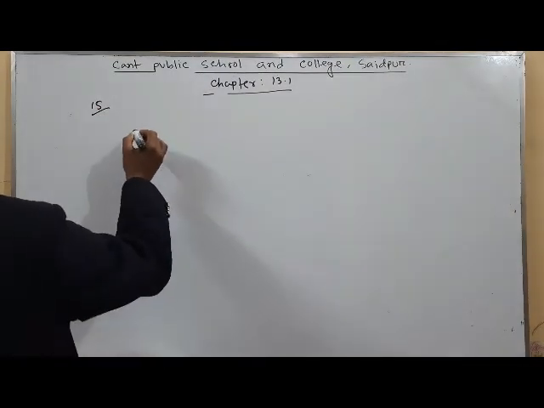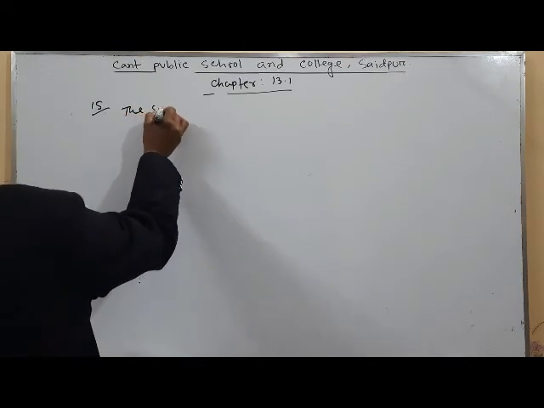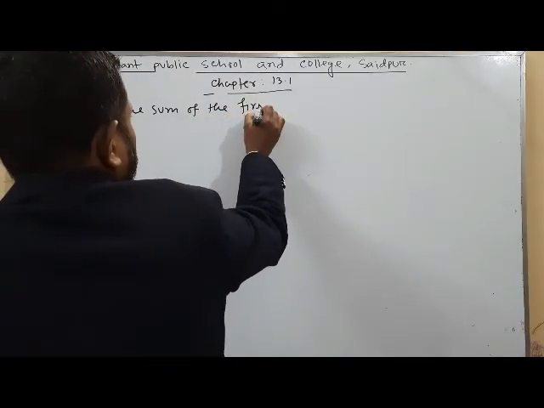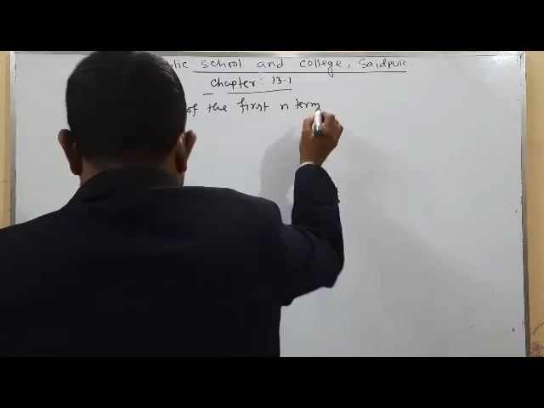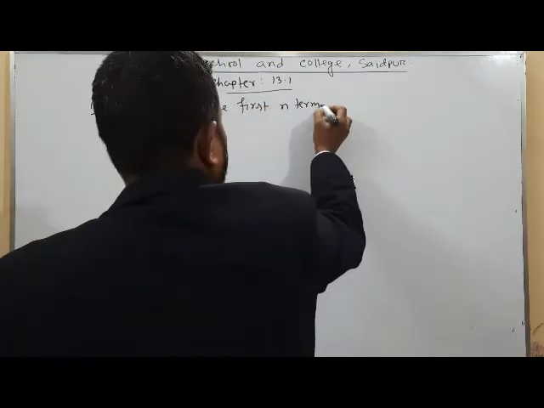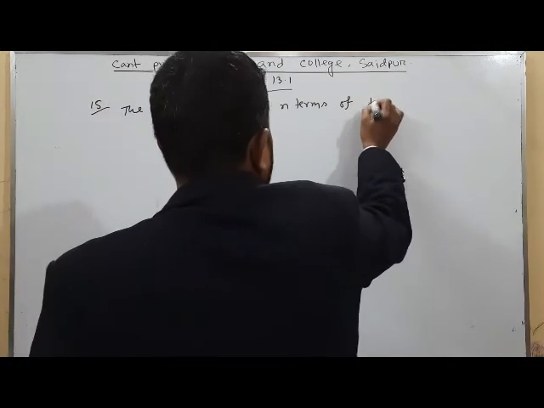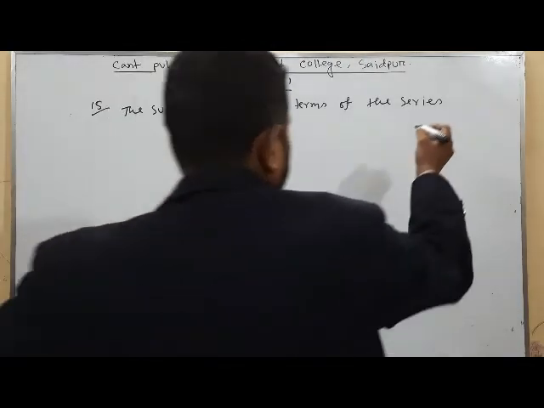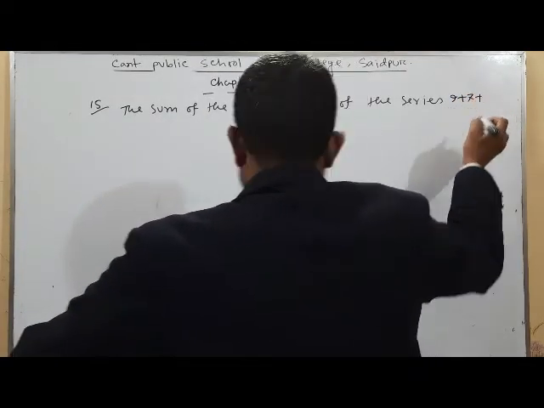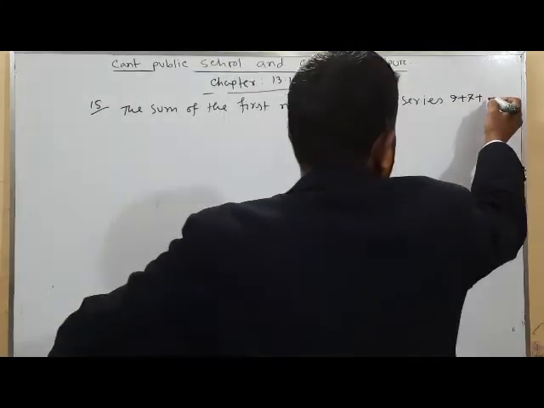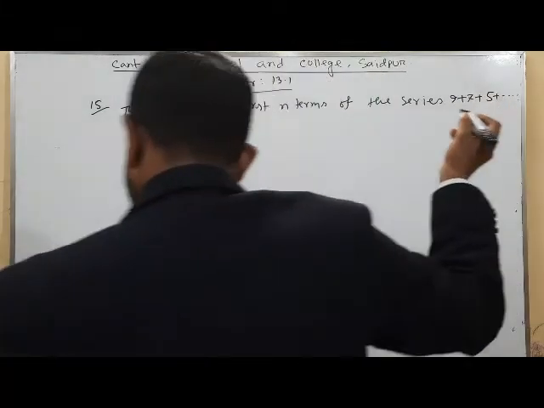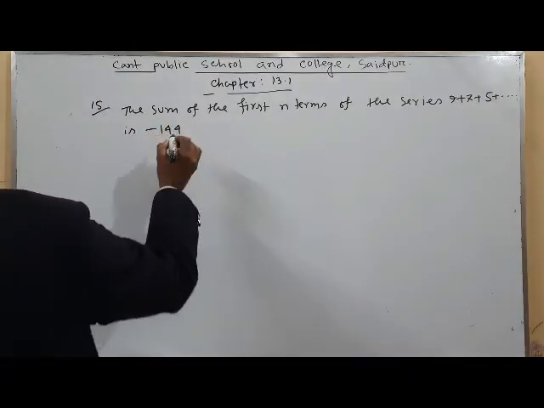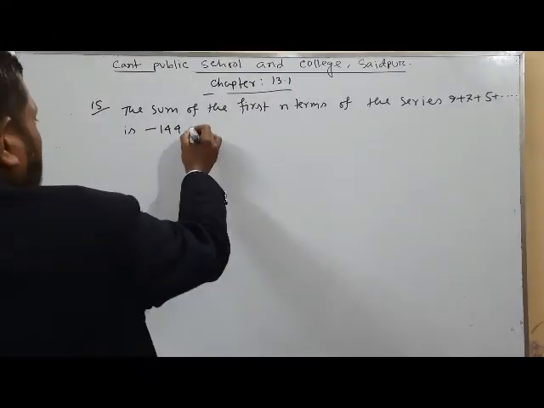The sum of the first n terms of the series 9 plus 7 plus 5 plus so on is minus 144. Find the value of n.